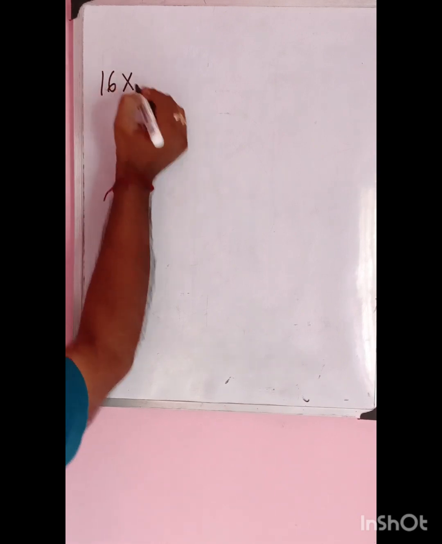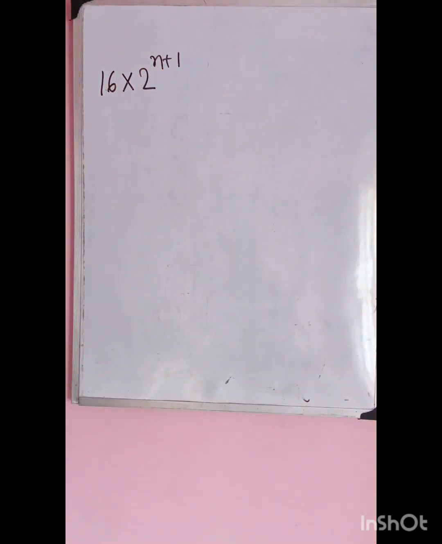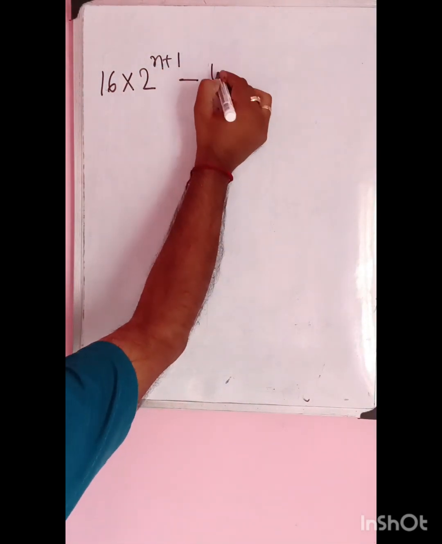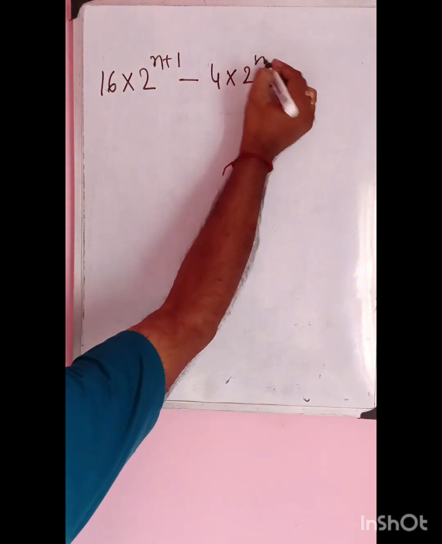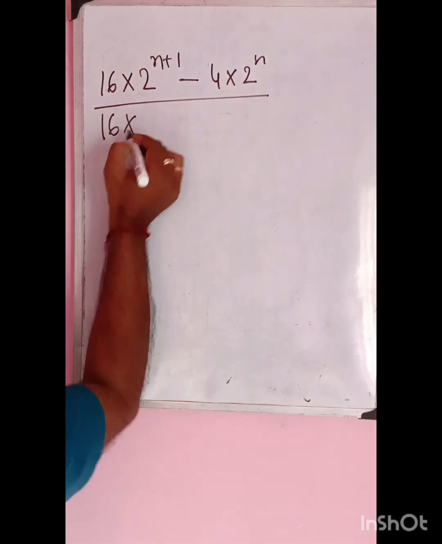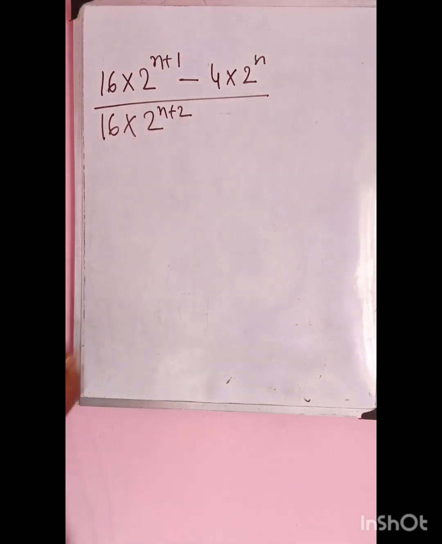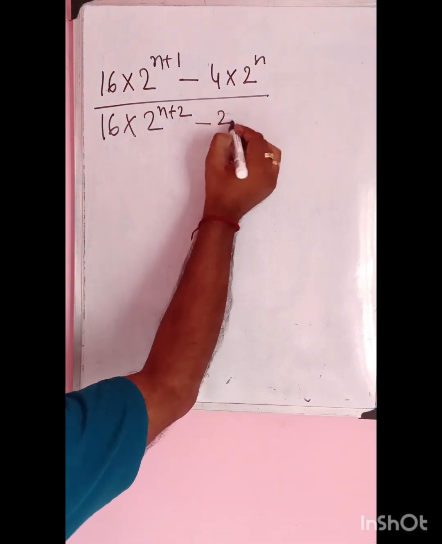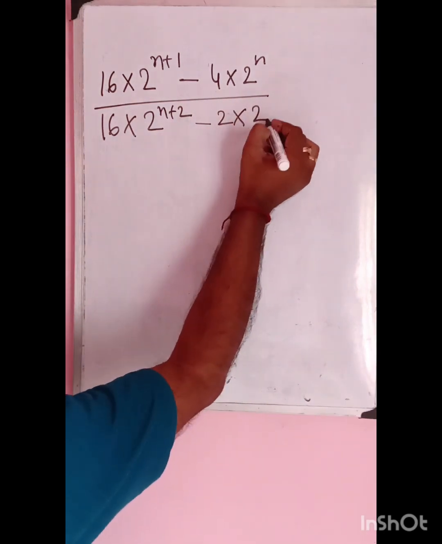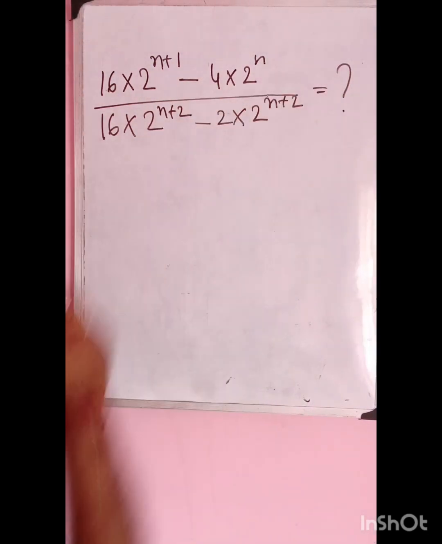Next problem is find the value of 16 into 2 to the power n plus 1, minus 4 into 2 to the power n, by 16 into 2 to the power n plus 2, minus 2 into 2 to the power n plus 2, equals to what?